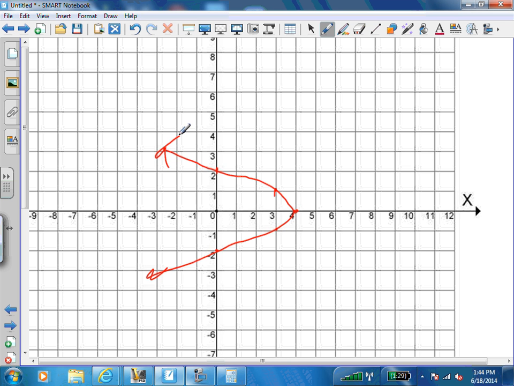No. That's not a function. That's basically a parabola that's been turned on its side. And let's see. I believe that's x equals 4. I think.